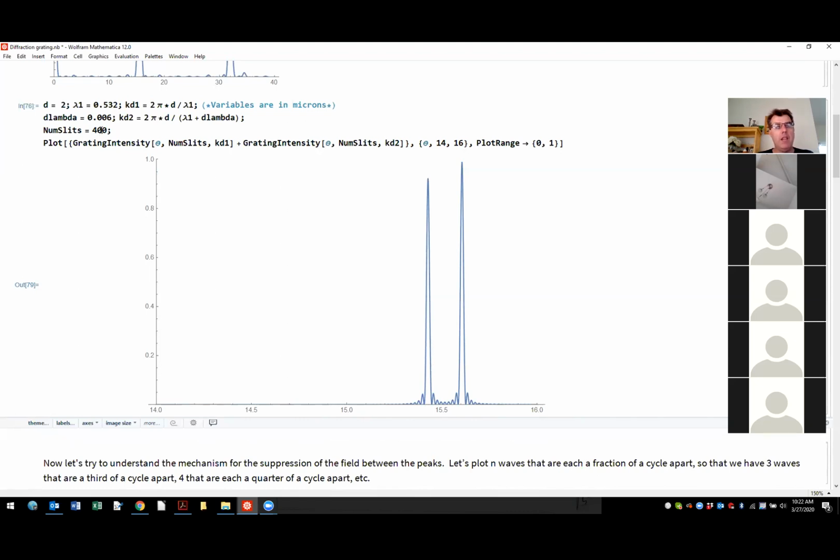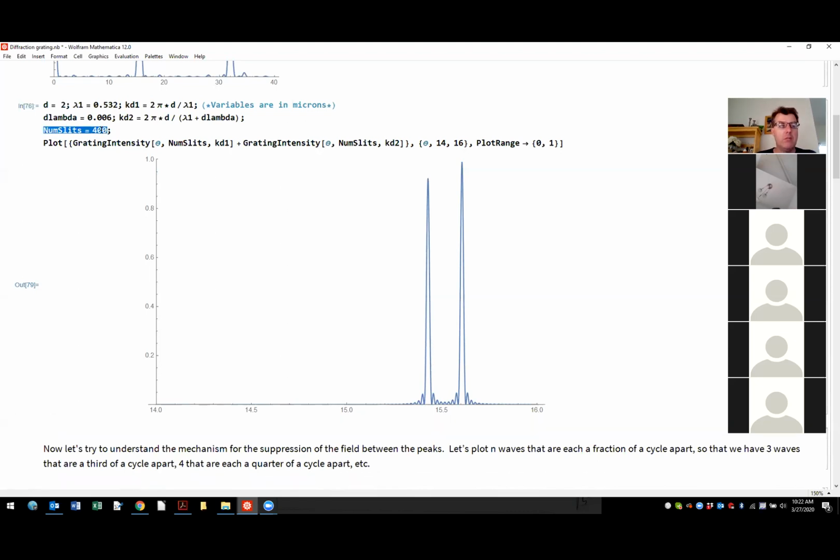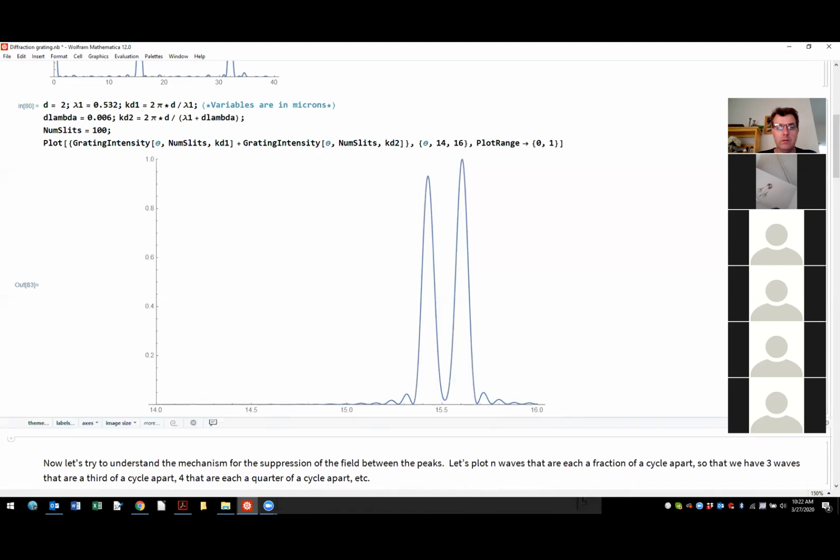Now, if I made the number of slits smaller, whoa. All right, now you see how the 2 peaks are not as distinct. I could still say that there's some 532 nanometer light here. I could still say there's some 538. But because there's a little bit of leakage, if somebody said to me, well, how much 532?